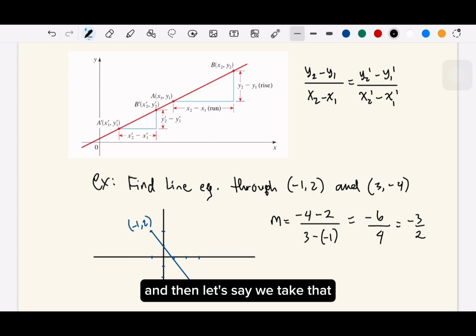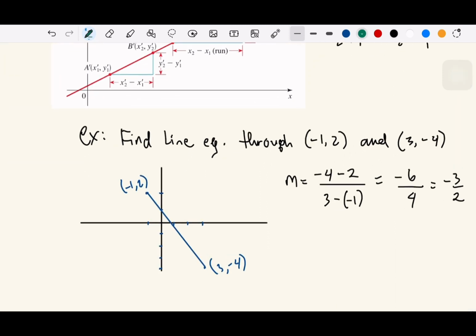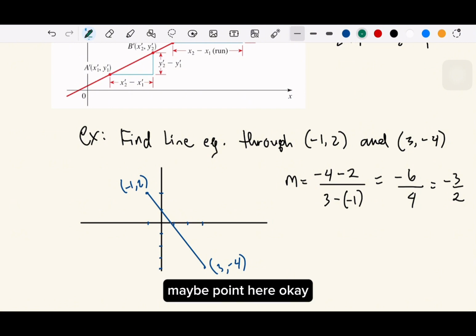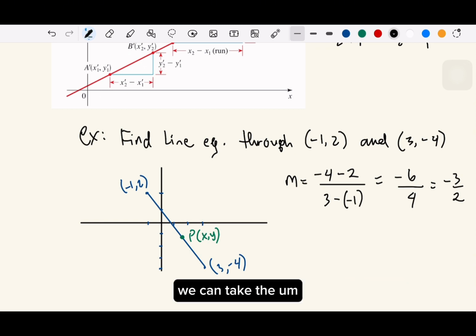Then let's say we take any point here, x, y, and use this point to make another slope formula. We can take either the first point or the second. Let's say the first one.